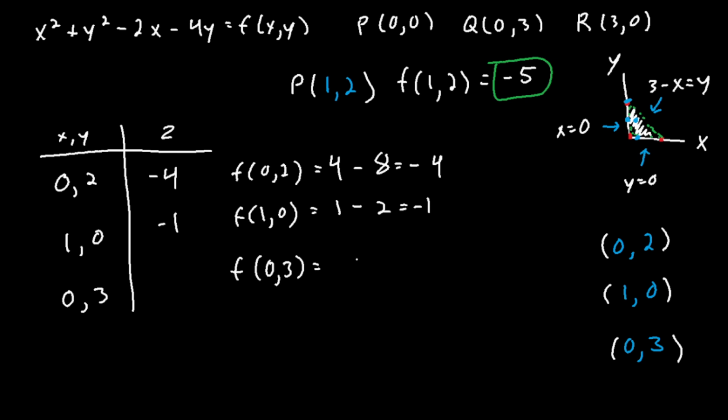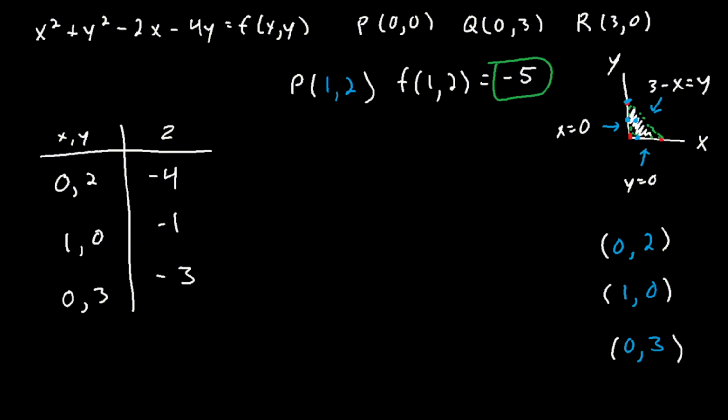So -1 is the z value here. We get 0 and 3, so the x value is 0 out, so you get 3 here. 9 minus 12. Correct? 9 minus 12, yeah, this is equal to -3.